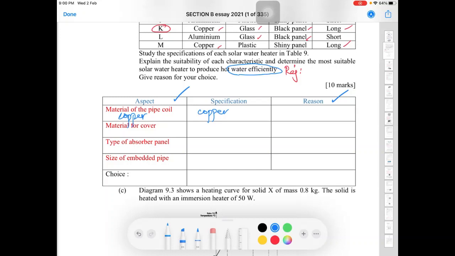Okay, so what is the reason for copper? So copper, dia adalah C dia very low. Specific heat capacity. Heat capacity is low. Okay, so boleh juga you nak tulis transfer heat faster. Okay, transfer heat faster.